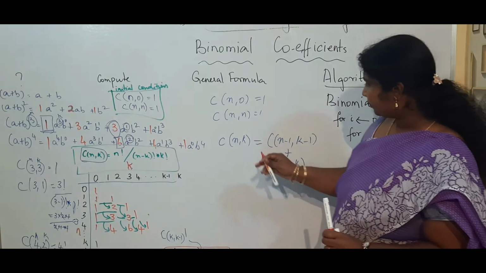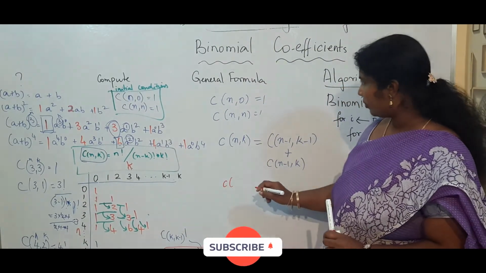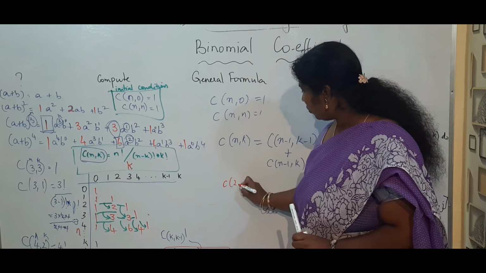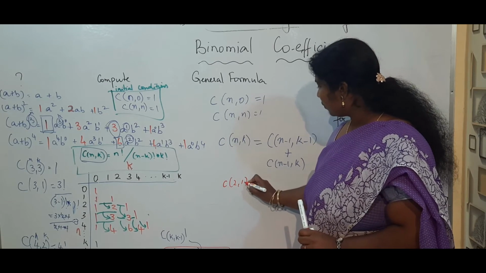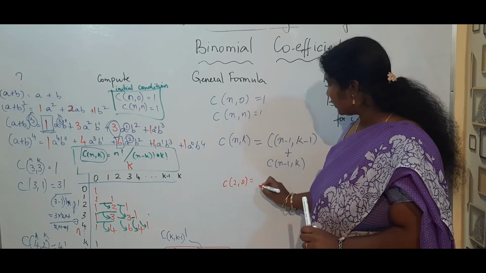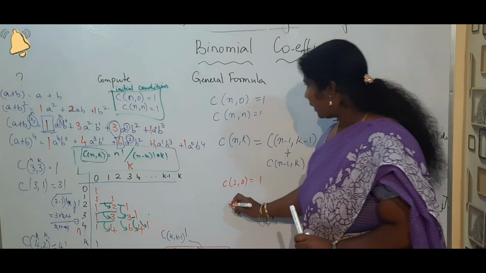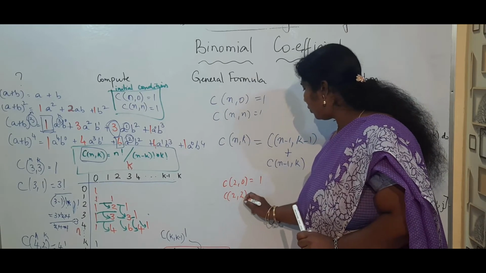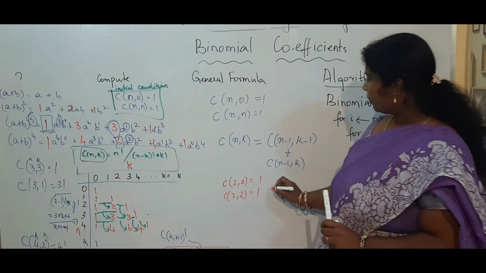Now we know 2 comma 0 is 1, and 2 comma 2 is 1.